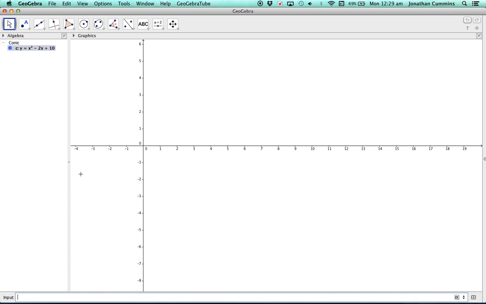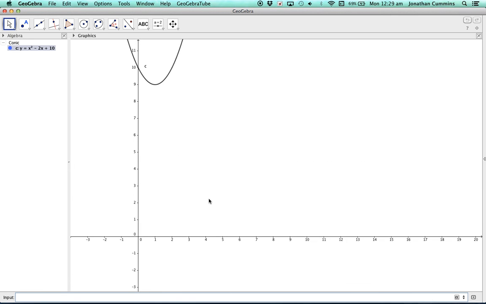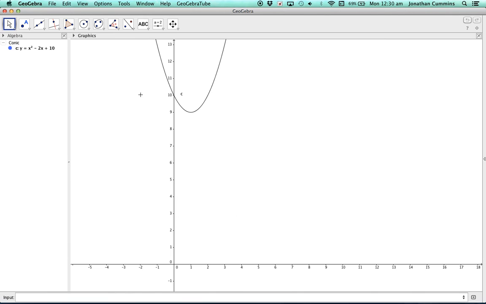And it gives us, well, we're going to have to move the axes to find out where that graph went. There it is, up there. And we can just click on point to find out where the vertex is, so the bottom of the curve, and it is indeed at 1, 9, as we predicted.